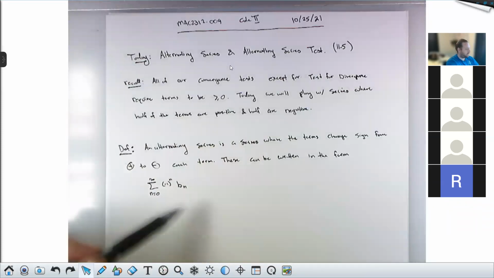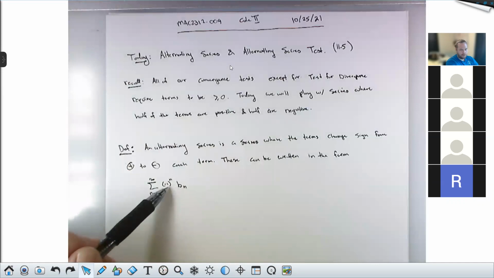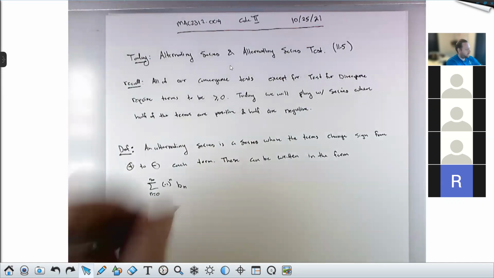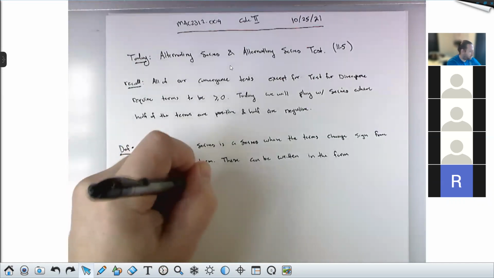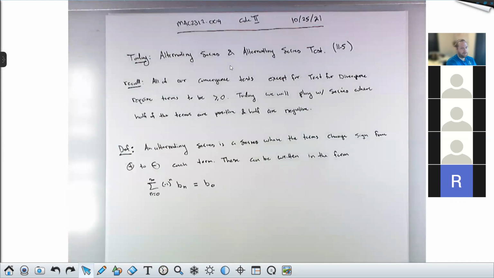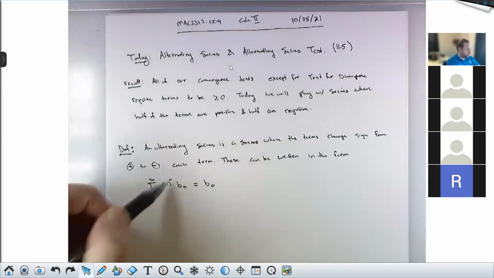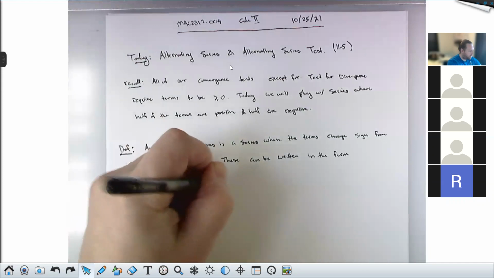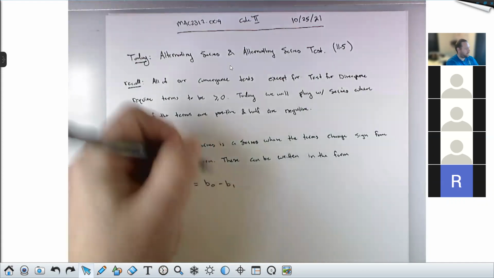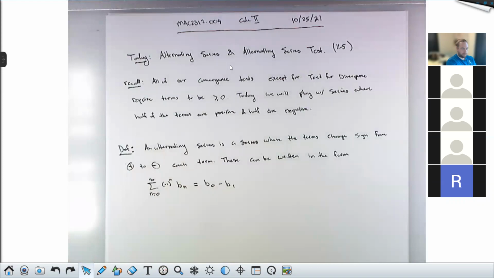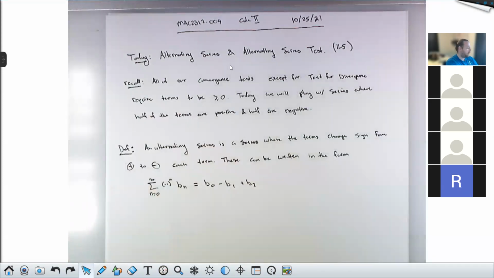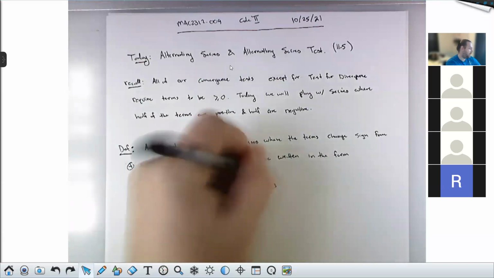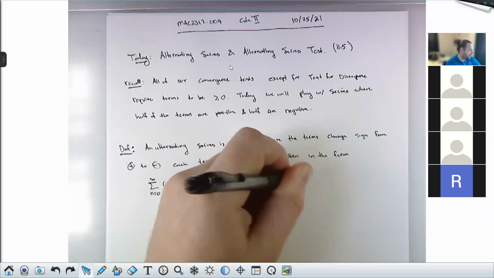So the bn's here are all positive, and this guy blinks you back and forth from being positive to negative. So this would be -1 to the 0 times b0, which is positive b0, plus -1 to the 1 times b1, which is plus negative b1, so minus b1, plus -1 squared times b2, so plus b2, and then minus b3 and plus b4. You get the idea.